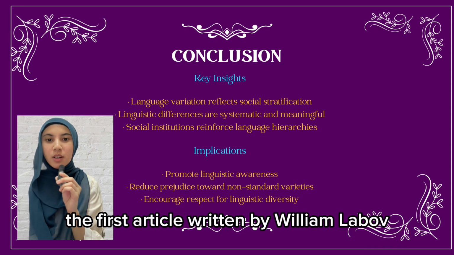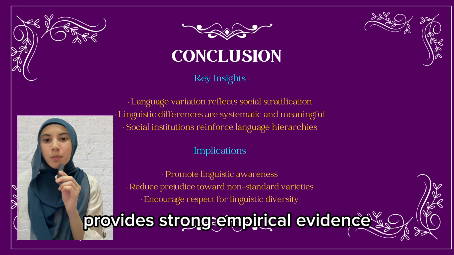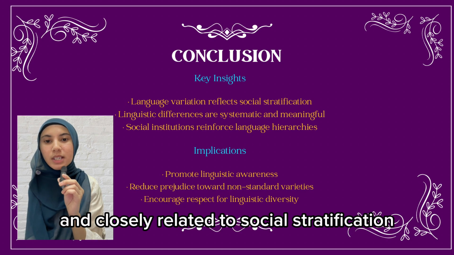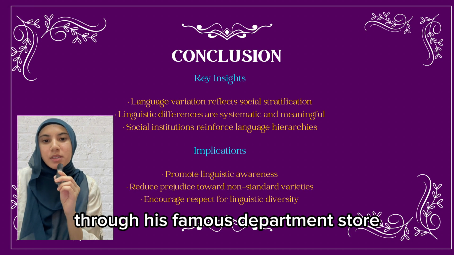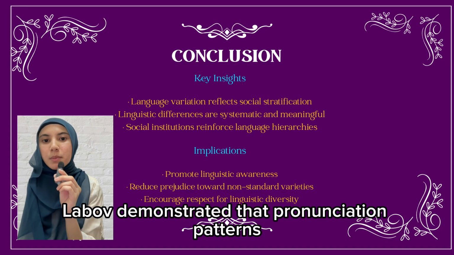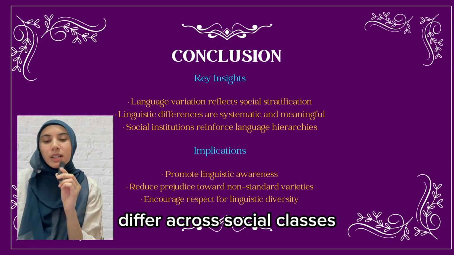The first article, written by William Labov, provides strong empirical evidence showing that language variation is systematic and closely related to social stratification. Through his famous department store study in New York City, Labov demonstrates that pronunciation patterns differ across social classes.